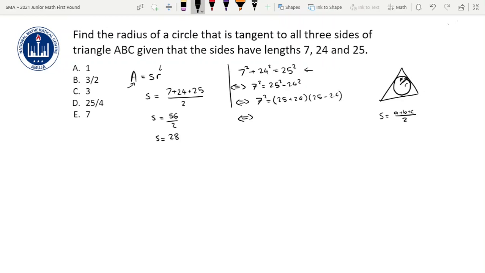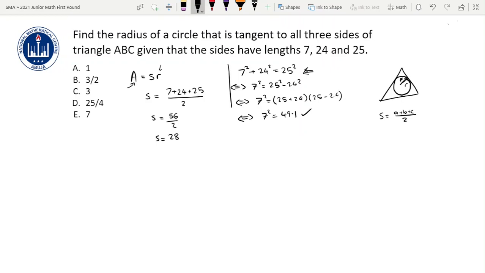And then you have 7 squared to be 49 times 1. And this is true, right? So since this is true, this is also true. So from this we can conclude that this triangle here is a right angle triangle since it satisfies the condition in the Pythagoras theorem.